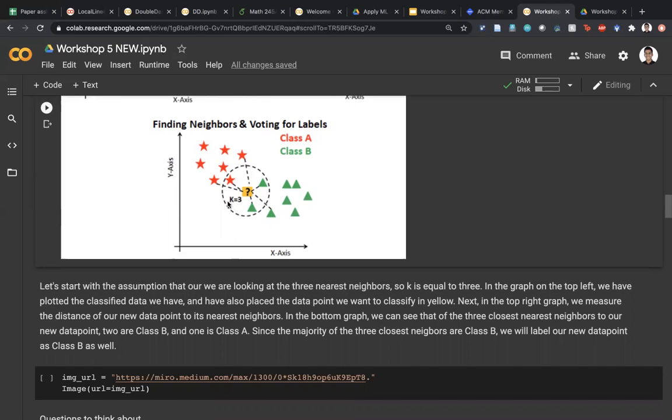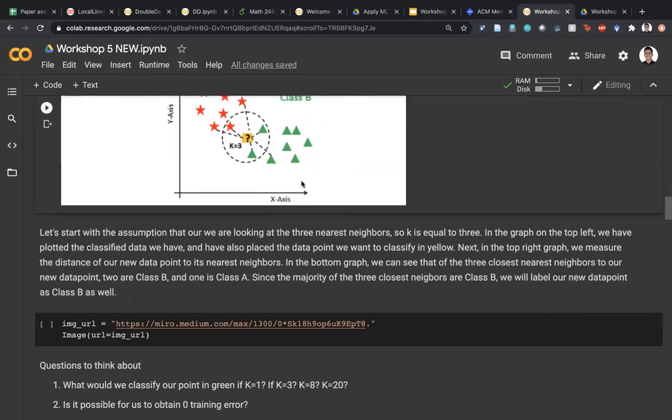If I look at just 3 neighbors, like in this picture, just this red star and these 2 green triangles, then I would classify this new point as green, because based on the 3 nearest neighbors, it would belong to class B. Whether you choose 5 neighbors, 3 neighbors, 7 neighbors, and so on depends on your problem, and the appropriate value will be determined on a case-to-case basis.